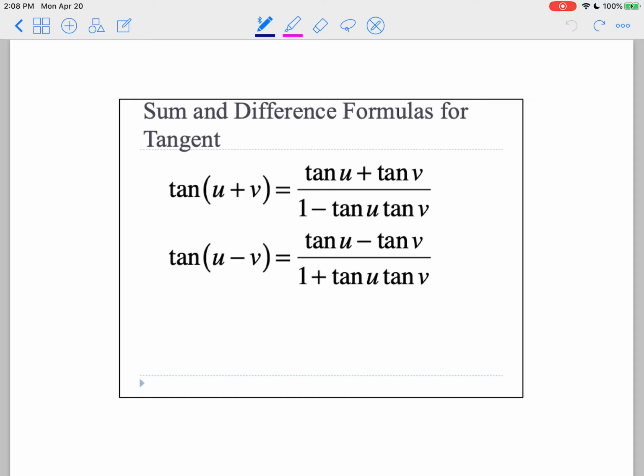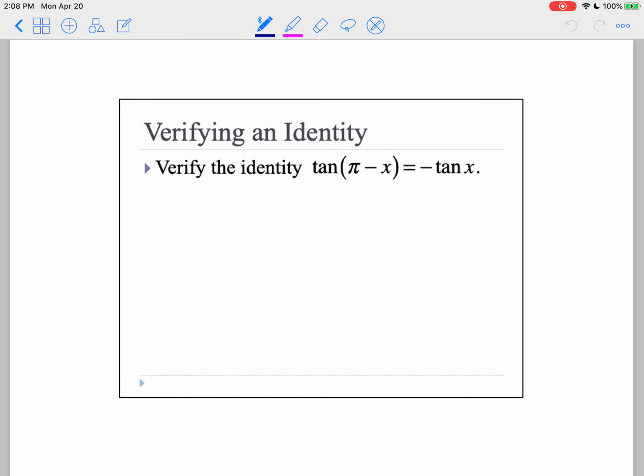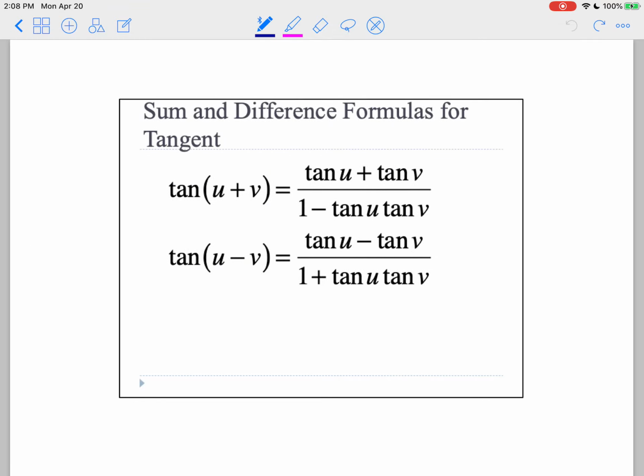So let's use those sum and difference formulas in this next example. We're actually just going to use the difference formula. Something I want you to be aware of, especially for tangent, and this is going to help you on your problem set today, is that these formulas go either way. These equal signs mean that these aren't even different things. So if you see something that looks like a difference inside of a tangent, you can rewrite it like this.